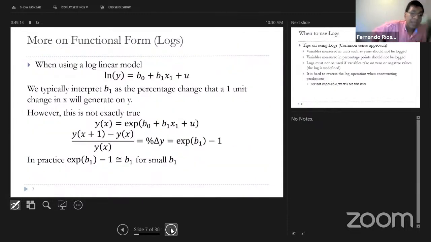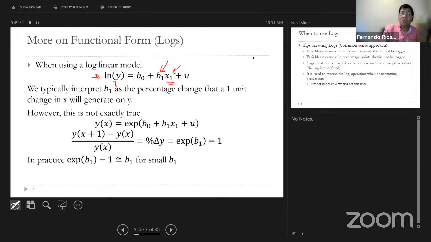So in this case, when you use a log linear model, log linear because the logs are applied to the dependent variable, what we have explained, and probably you have read also in the book, is that it changes the interpretation of the coefficients, because now this beta 1 becomes, if we leave this in units, what this is trying to explain is in what percentage the outcome would change when there is a 1 unit change in X. That's how we were interpreting.